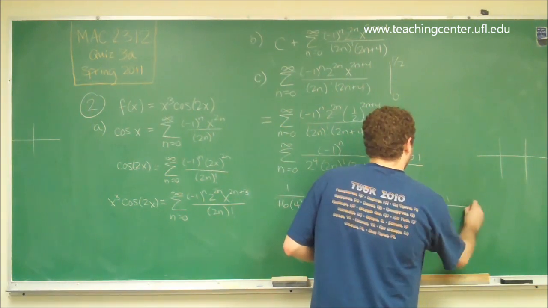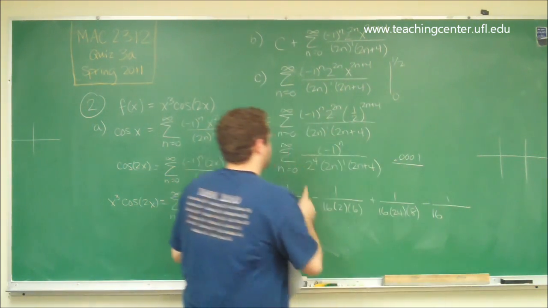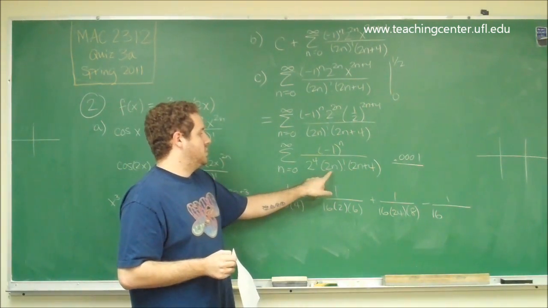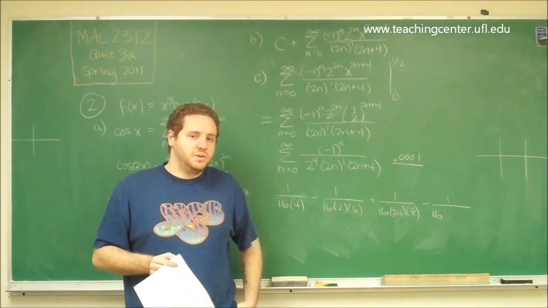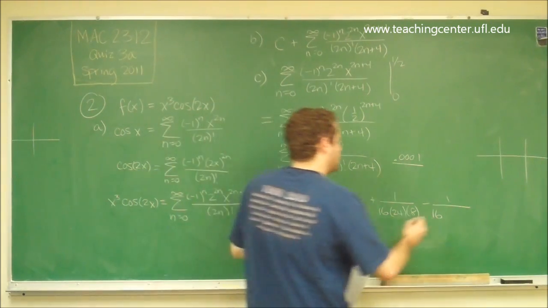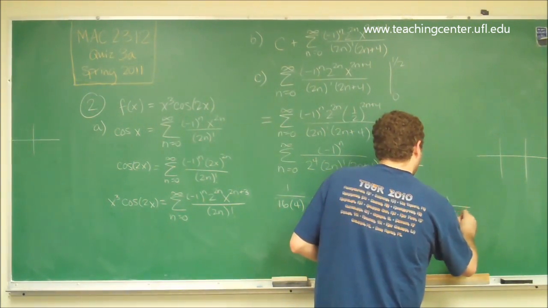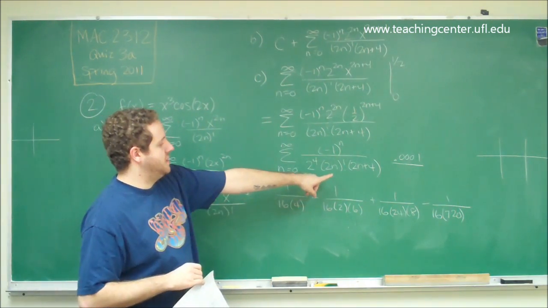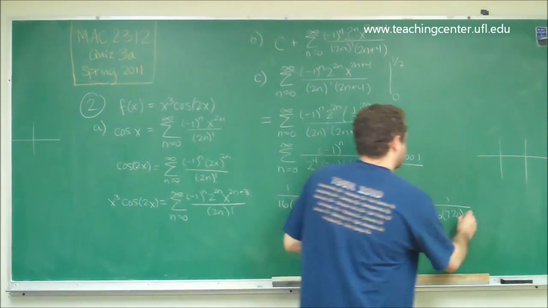Again we have 1, we have 16 on the bottom like always. Now n equals 3, so 2 times 3 is 6. 6 factorial is going to be 720. And when n equals 3 there, we get 10.